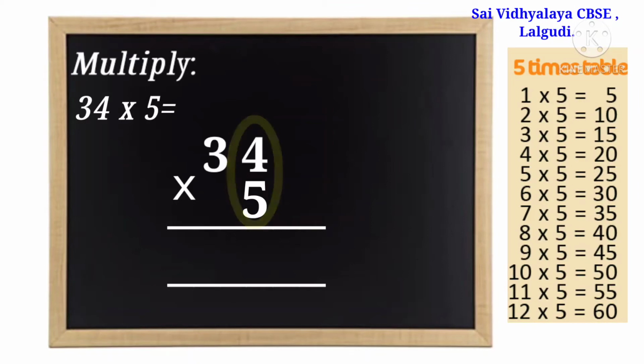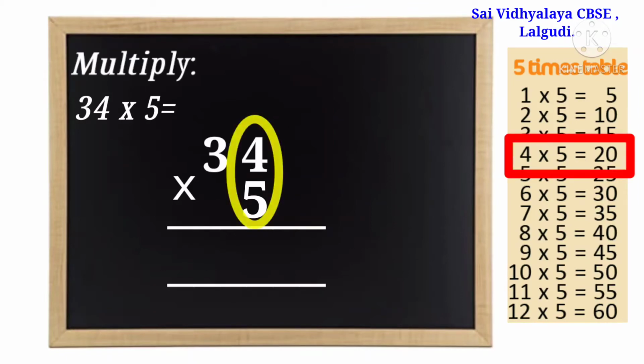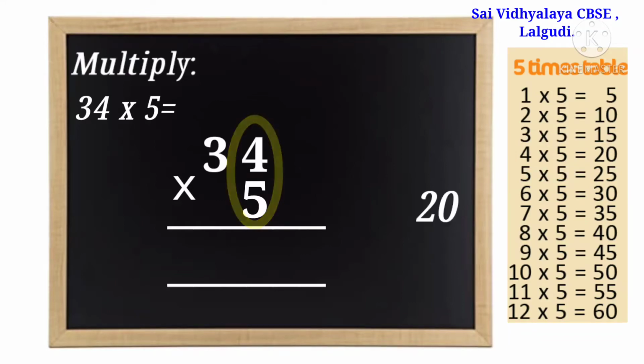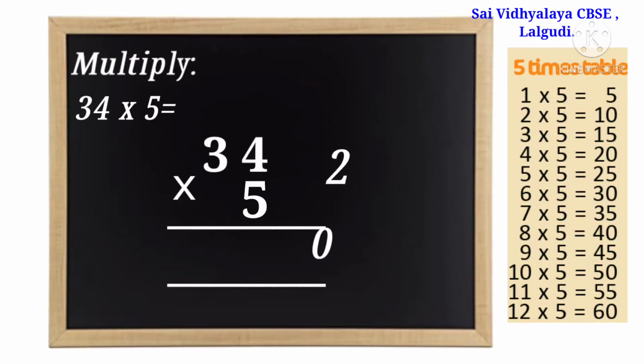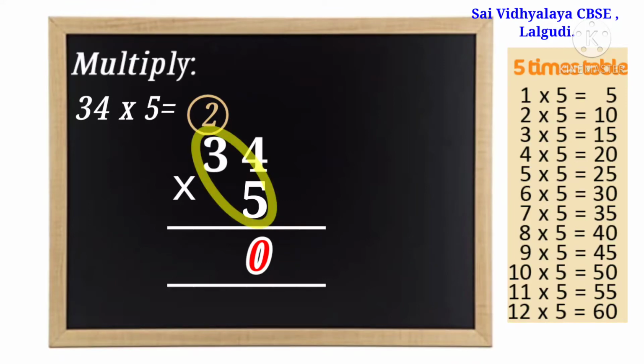4 into 5. In the 5 times table, 4 5s are 20. 20 is the two-digit number. Write 0 in the ones place and 2 as the carryover in the tens place. The carryover should be added. Now, multiply 3 and 5. 3 into 5.